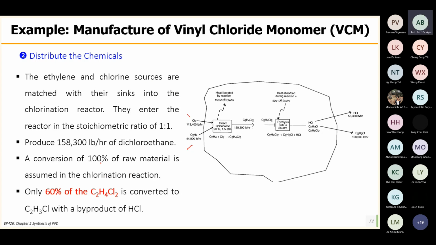A conversion of 100% of raw material is assumed for the first calculation. Then from here, you can see 60% of this is converted to VCM with a byproduct of HCl.